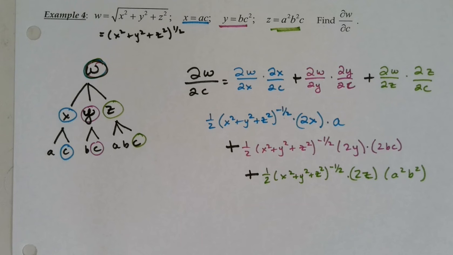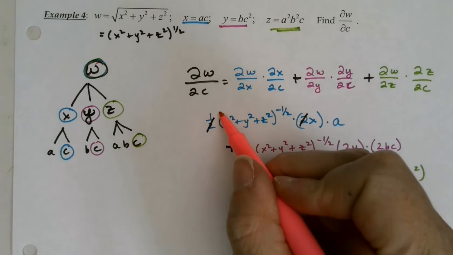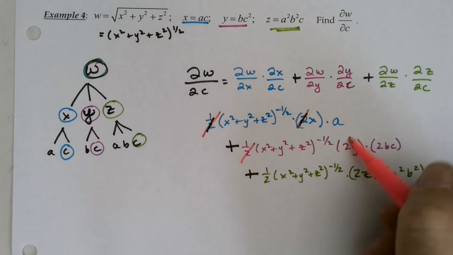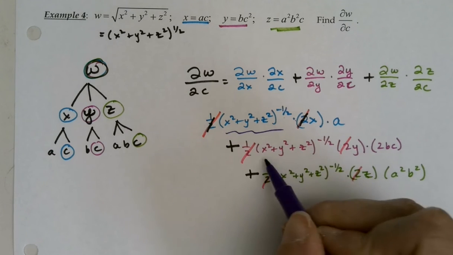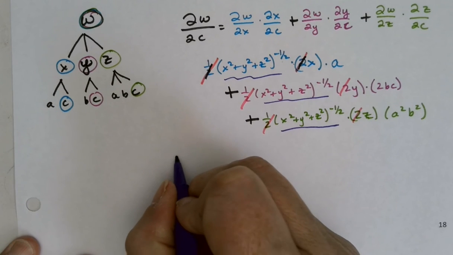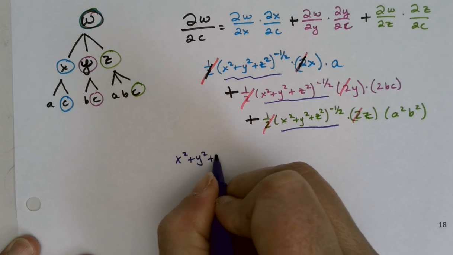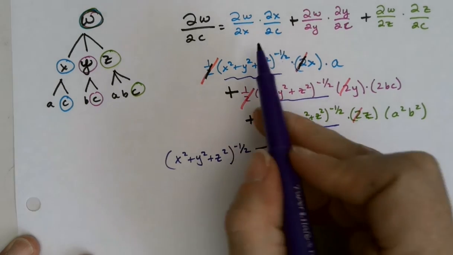Now, if you're savvy, you'll notice a few things. For one, the 1/2 and 2 cancel. I mean, they divide, because 2 divided by 2 is 1. So those are all gone. Then you'll also see that there's this x squared plus y squared plus z squared to the negative 1/2 in all three of these terms, so I'm going to factor that out. What does that leave in the first term?